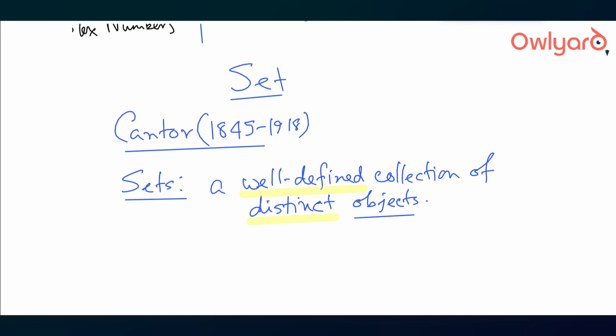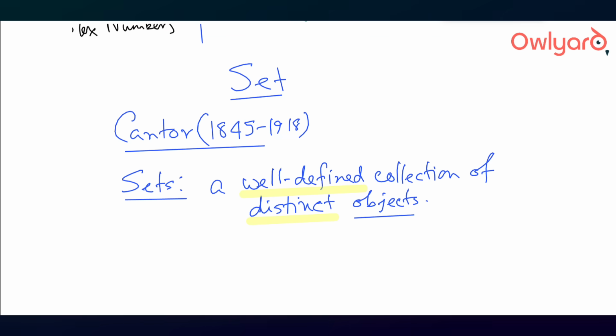So what does well-defined mean? Well-defined means that if I specify a set, then there should be a very easy way to determine if an element belongs to that set or not. So for example, if I say that there exists a set of all the vowels in the English alphabet, then we clearly know that A is a member of that set, A being a vowel, and C, for example, not being a vowel, is not a member of that set, right?